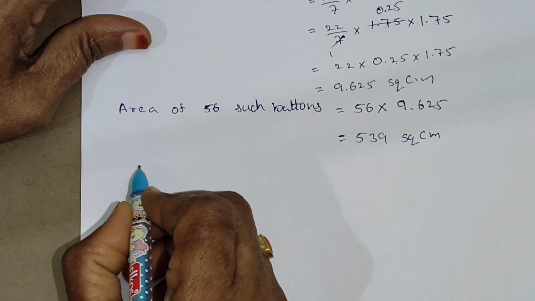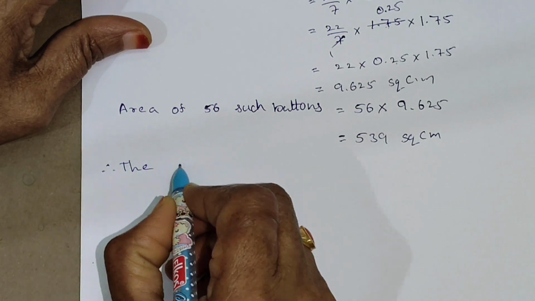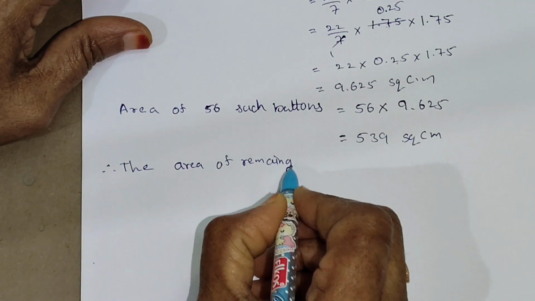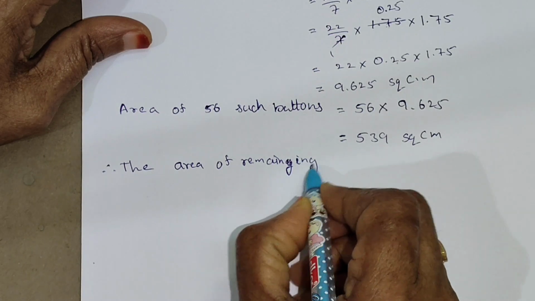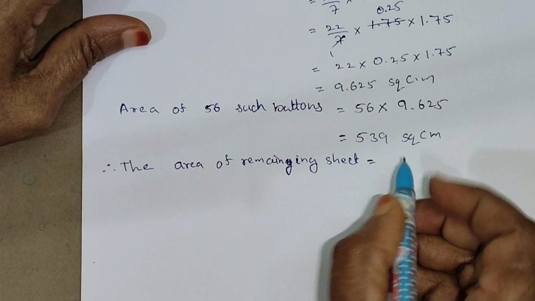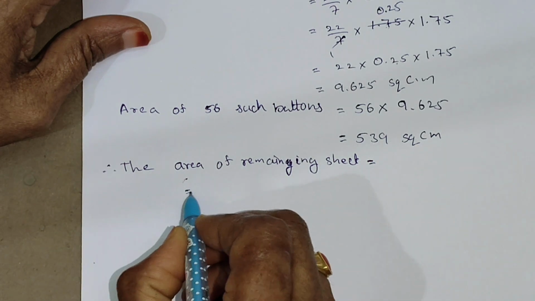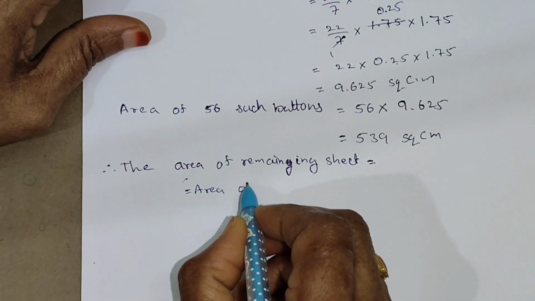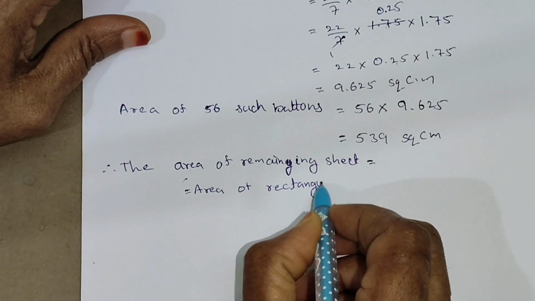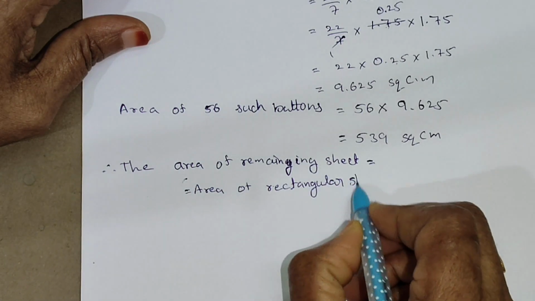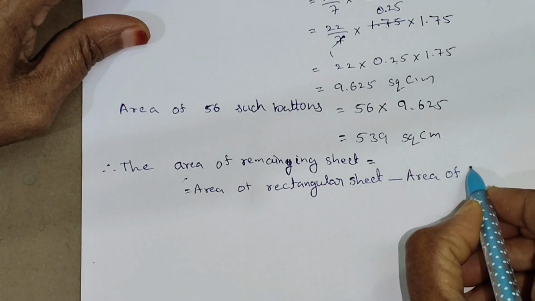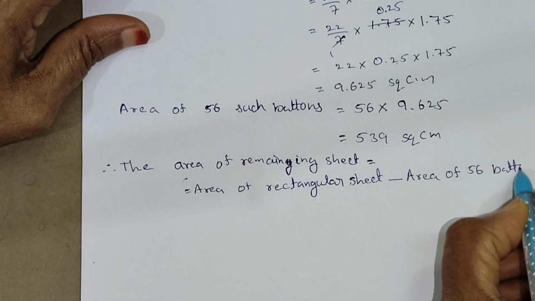Therefore, the area of the remaining sheet equals the area of the rectangular sheet minus the area of the 56 buttons.